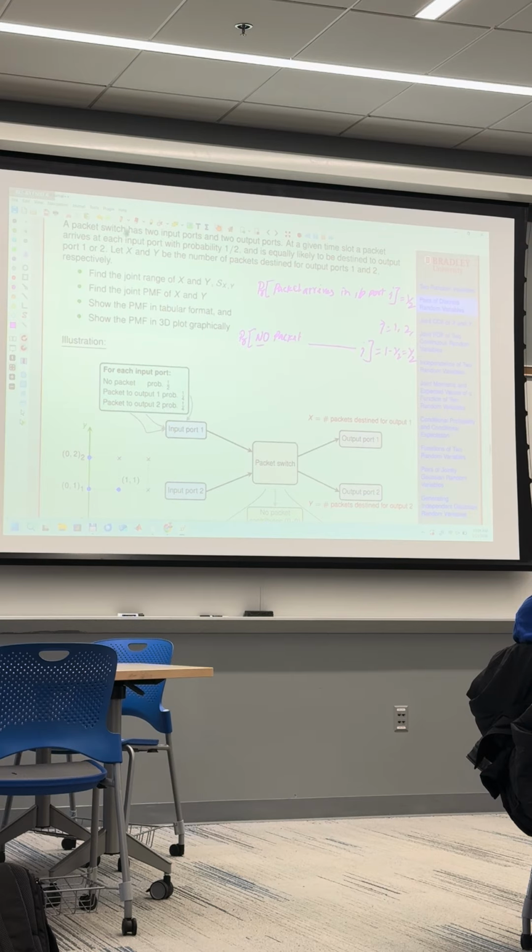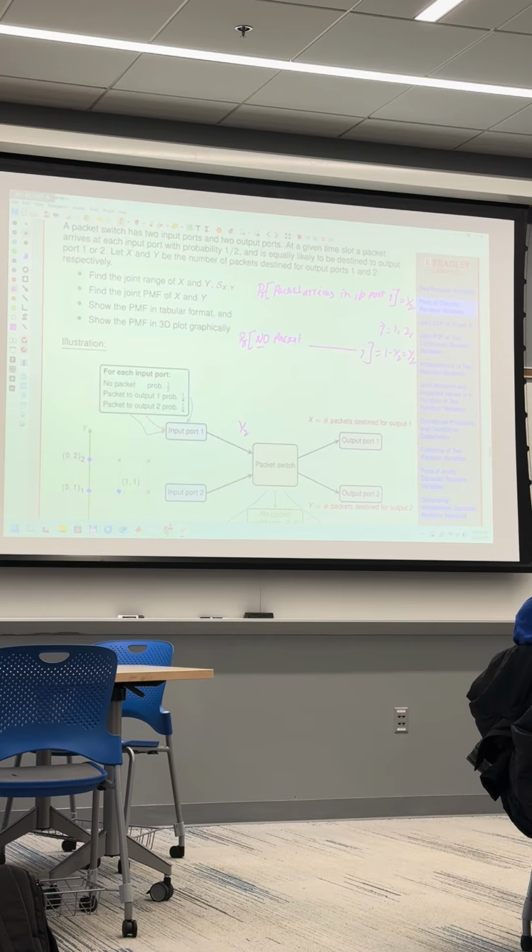Which means a packet arrives in one of the ports with probability 1/2, and once it arrives, it can go to one of these ports with probability 1/2. So the probability that a packet arrives in input port 1 and goes to output port 2 is 1/2 times 1/2, which is 1/4.